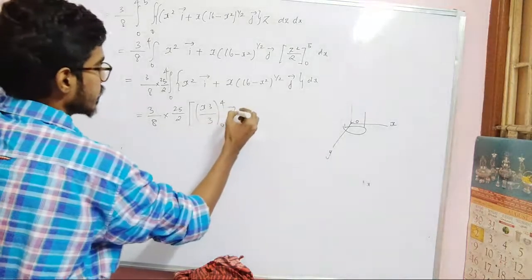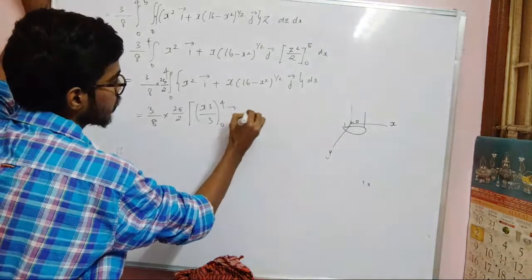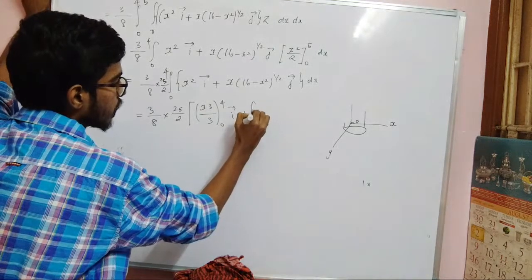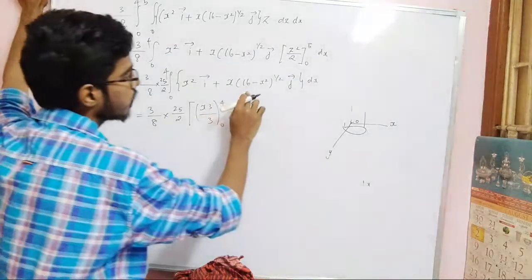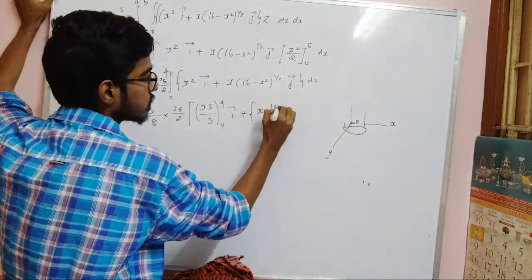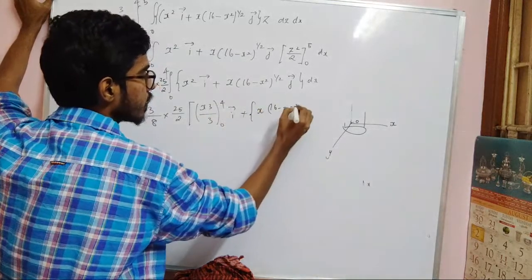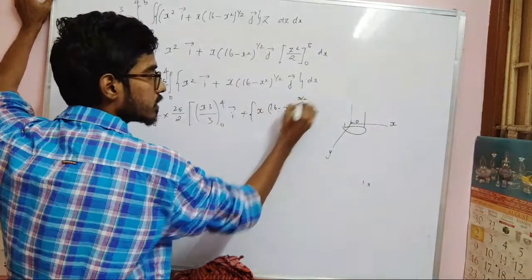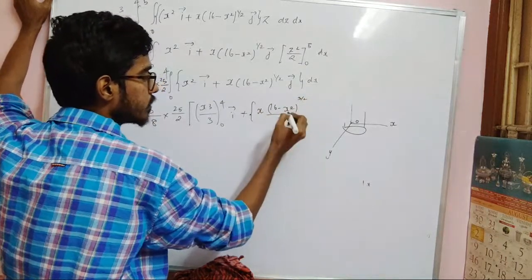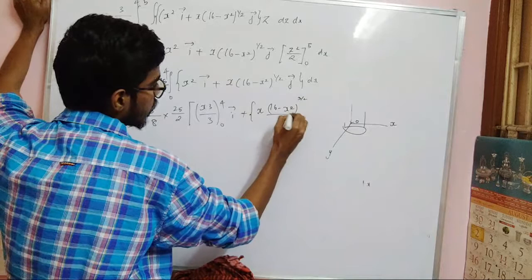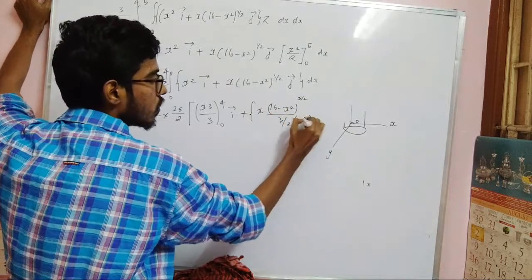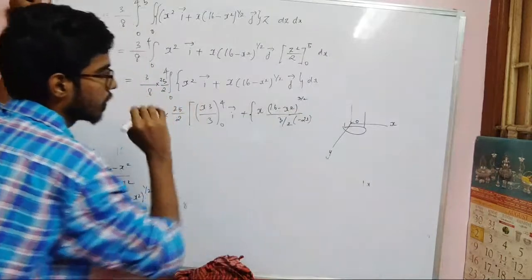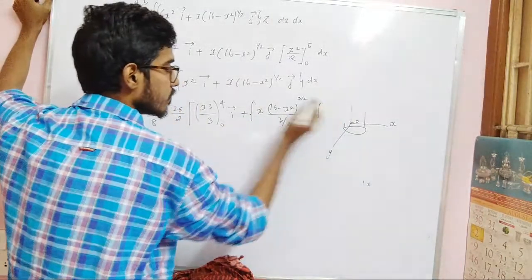When I apply integration by parts, you have this to be u into v. When I integrate this, we will have 16 minus x square whole power 3 by 2 by 3 by 2, and I need to differentiate inside, so it is into minus 2x, minus integral v du.